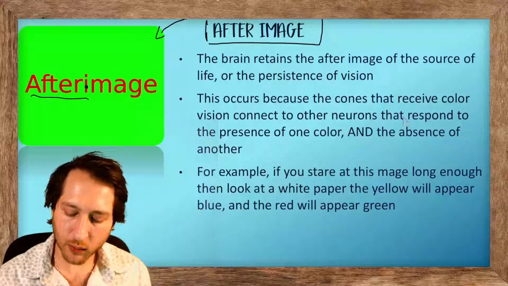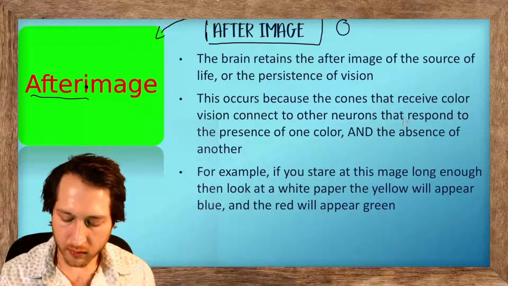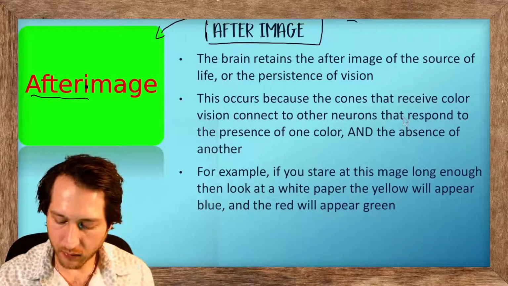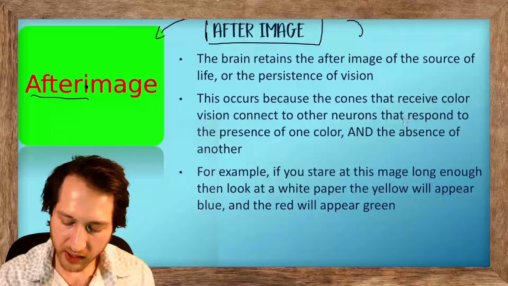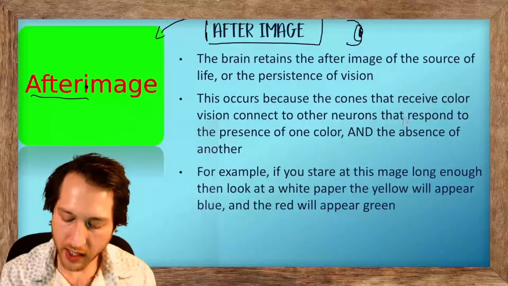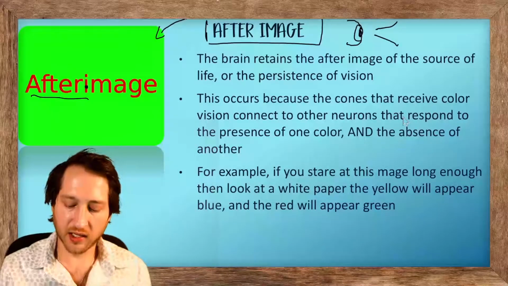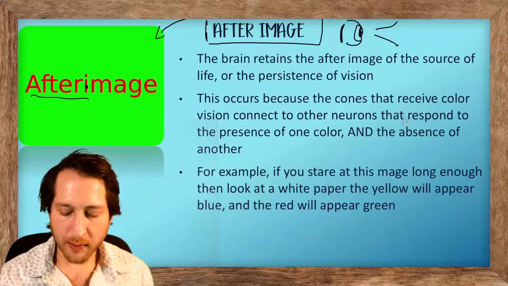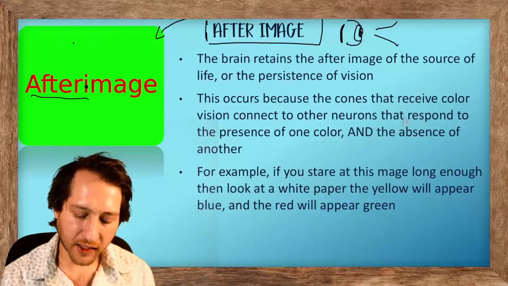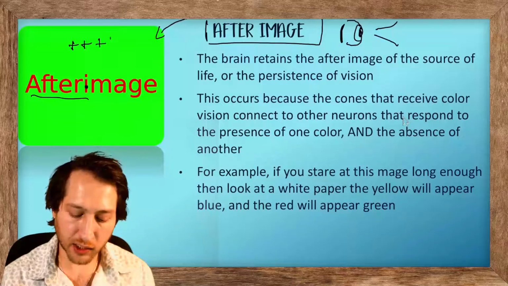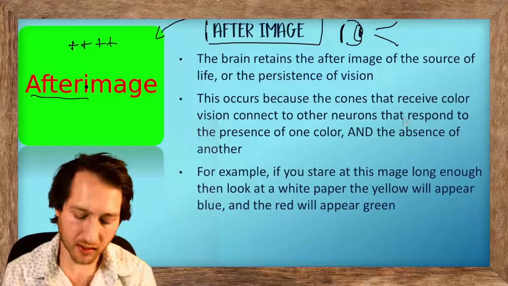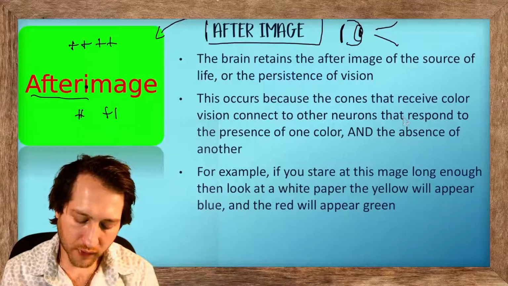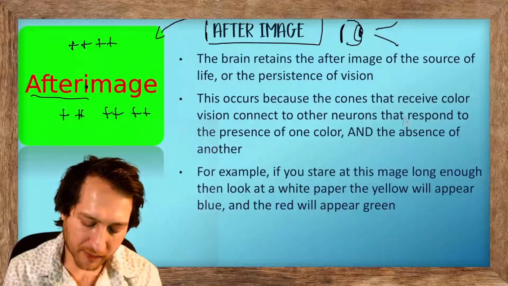And the idea is that, let's say we're looking at something. So here's our eye, some light's coming in. Those photoreceptor cells, those cones, become activated so much by these particular colors that over time they stop firing.